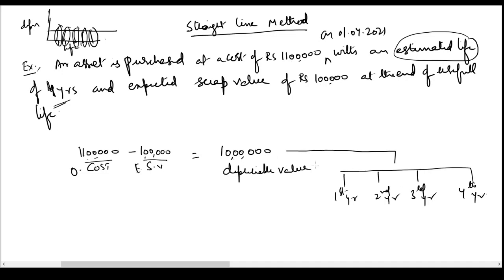So how do you spread this loss over the 4 years period? The logic is very simple. If you have used the asset in the same manner in all these 4 years, the depreciation charge cannot be different in these 4 years.